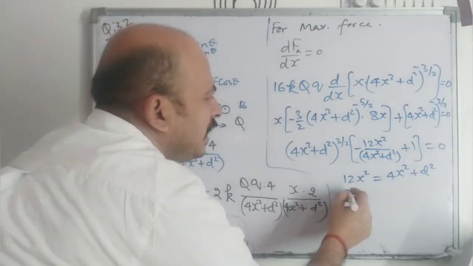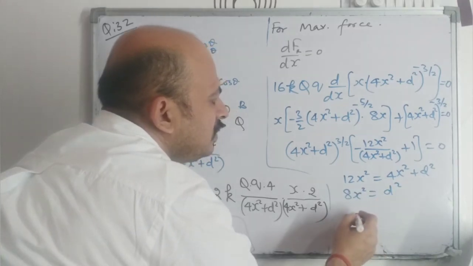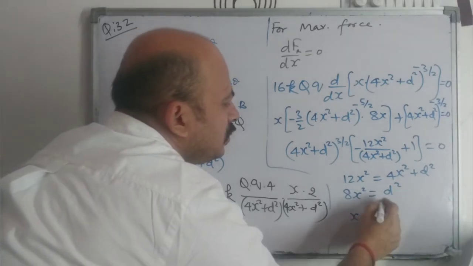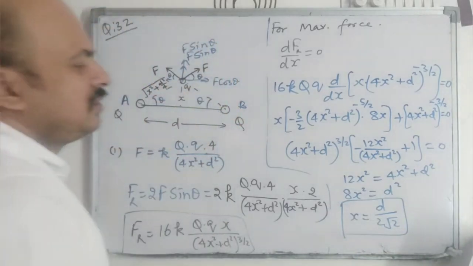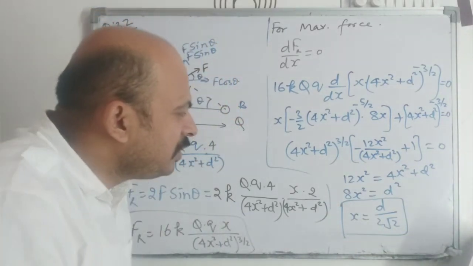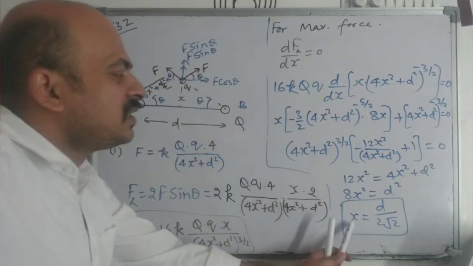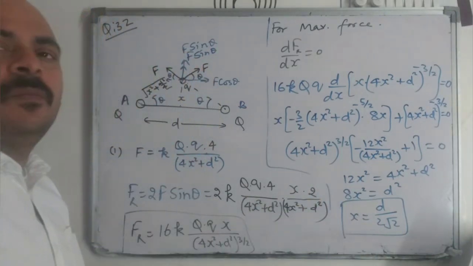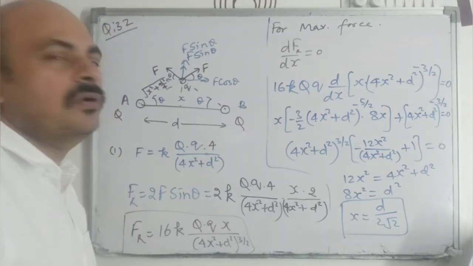That will be 8x square is equal to d square. So x will be equal to d by 2 root 2, that will be your answer. 2 root 2 is square root of 8. So this will be the position where the electric field and force will be maximum.